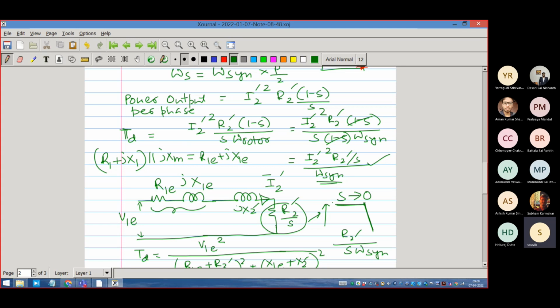As we move closer to slip equal to 0, you operate at a slip of about 4%, 5%. At that point, R2 dash by S dominates, so the current is essentially decided by V1E divided by R2 dash by S.